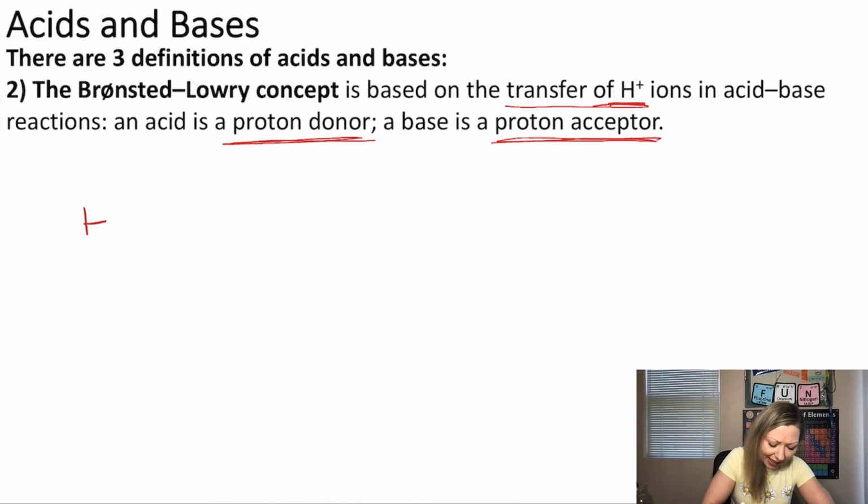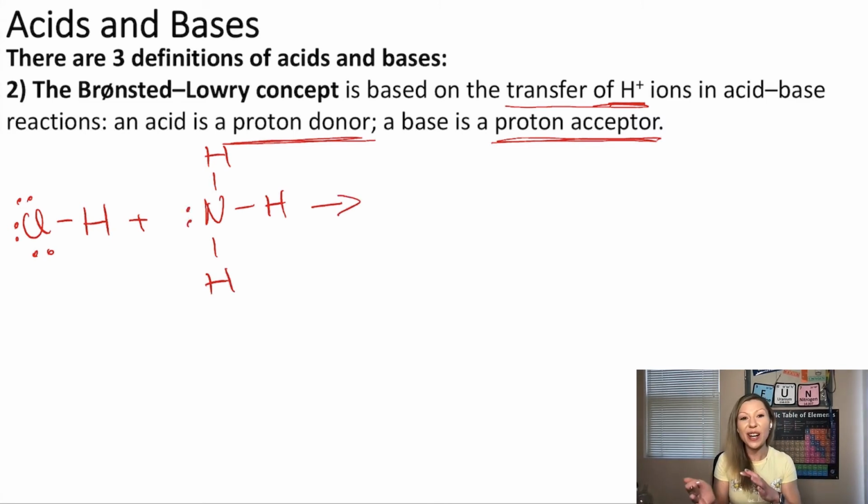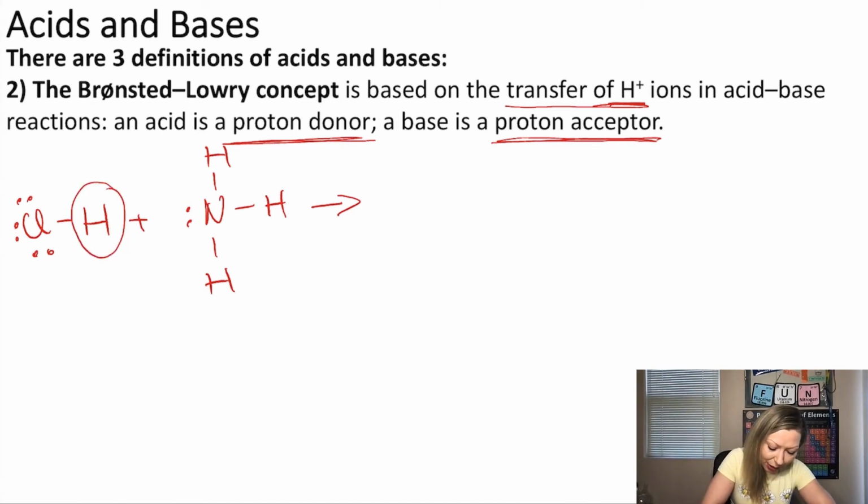Let's do HCl again. And now I'm going to use the Lewis structures, plus let's react it with ammonia, NH3, right? And then what we are going to have here is the movement of H plus. So this hydrogen will get attached to ammonia. Because HCl is giving away the proton, that is going to be our acid.